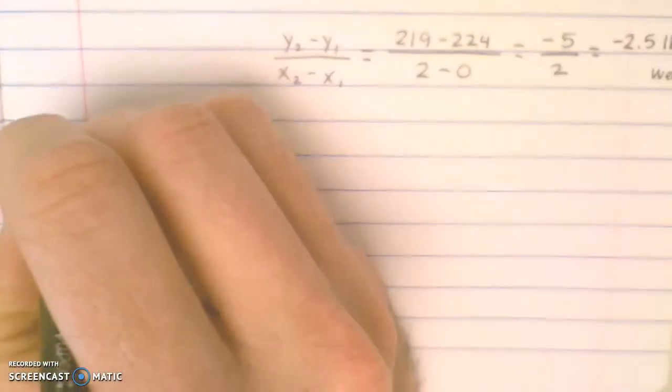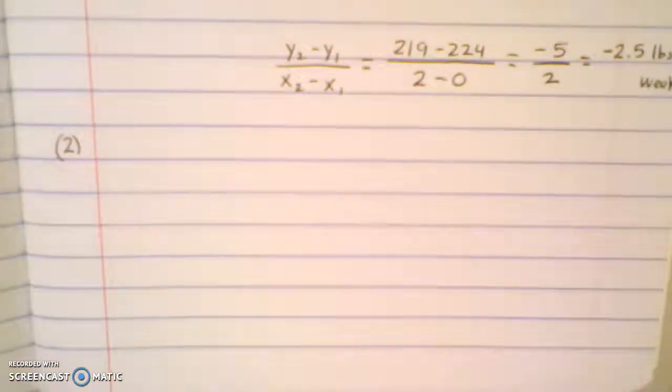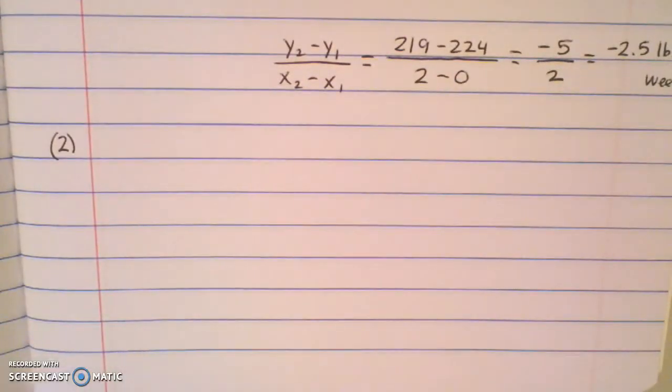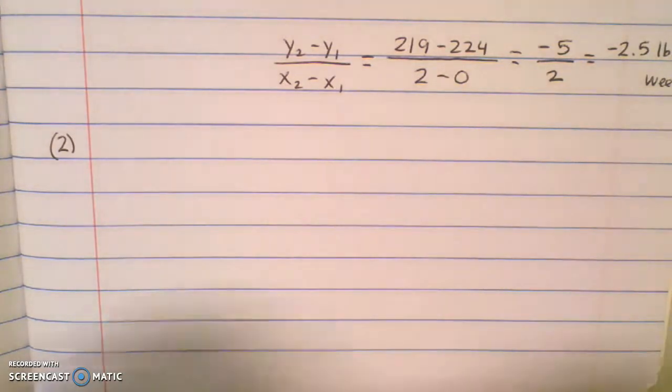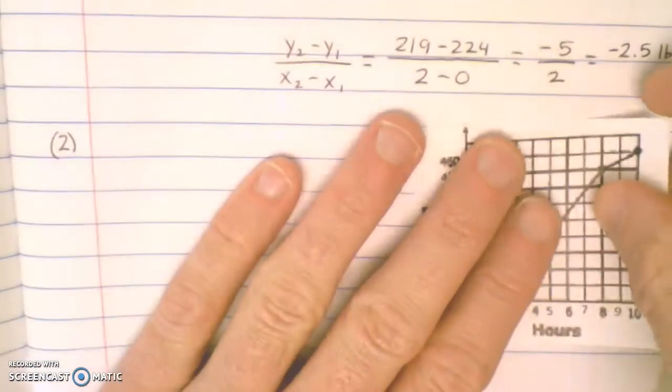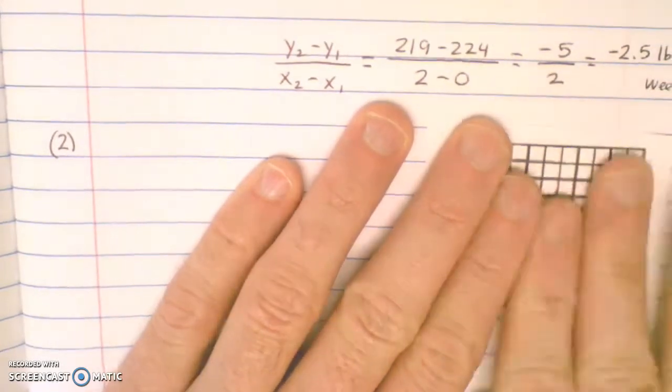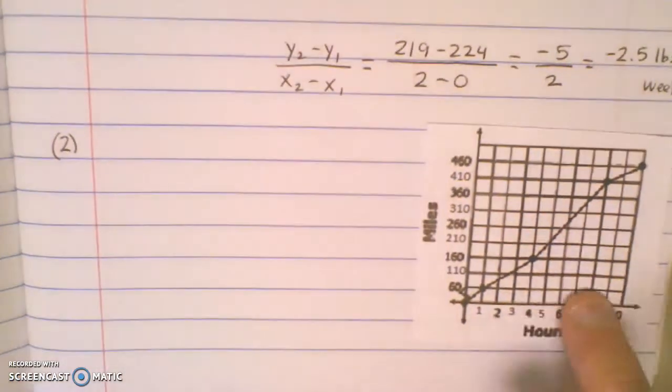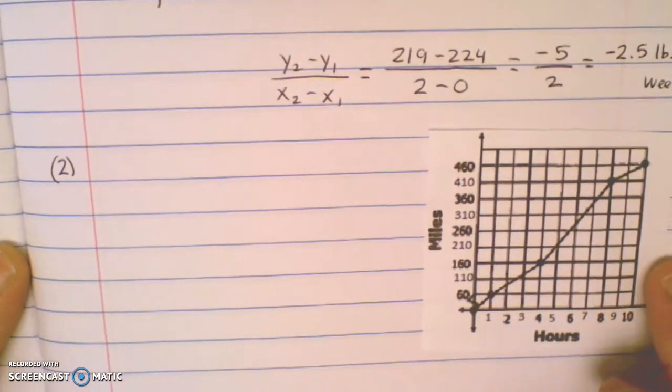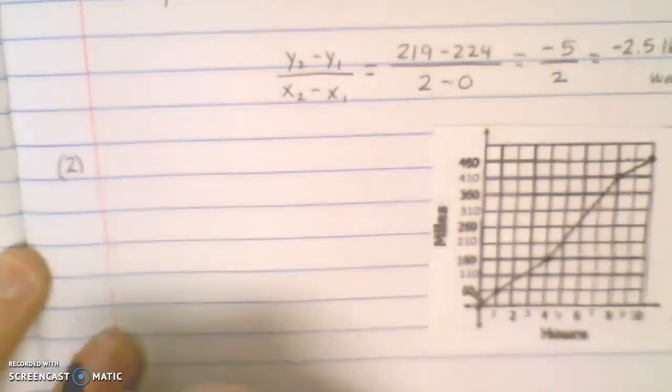All right, so another example we're going to look at is when you have to find rate of change from a graph. So the rate of change on a graph, and here you're going to have to tape in the graph that I gave you earlier to start class. Okay, so here's our situation.